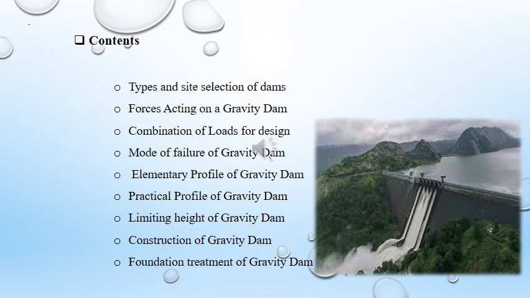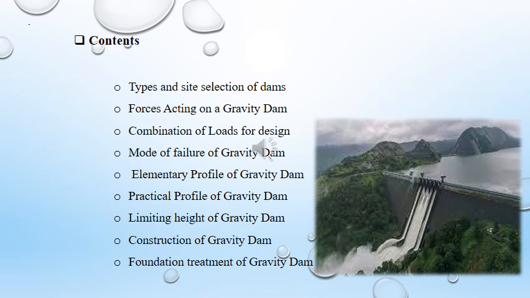The content of this unit is the different types of dams and the site selection for the dam, the different forces acting on the gravity dam, and the combination of loads for the design in empty condition as well as in full condition, and some modes of failure of the gravity dam.